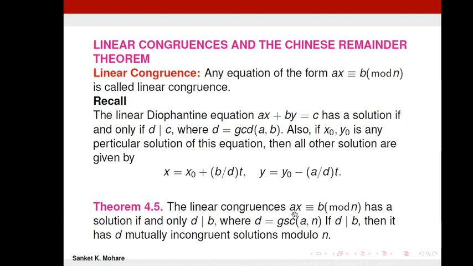So whenever the GCD of a and n divides b, this linear congruence has a solution. If d divides b, then it has d mutually incongruent solutions modulo n. This we have to prove.